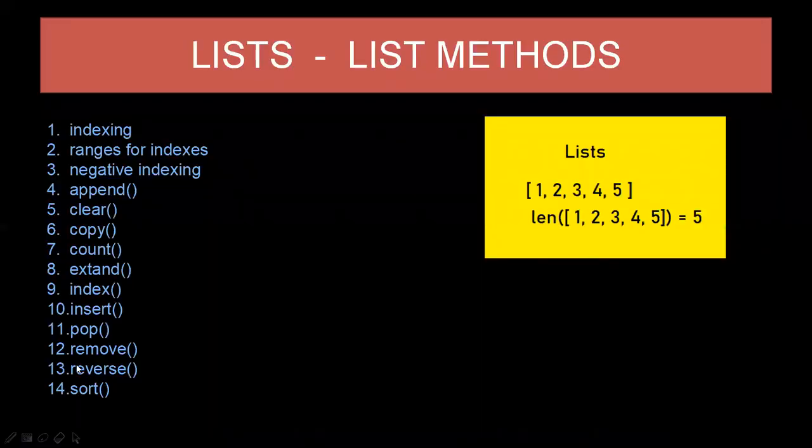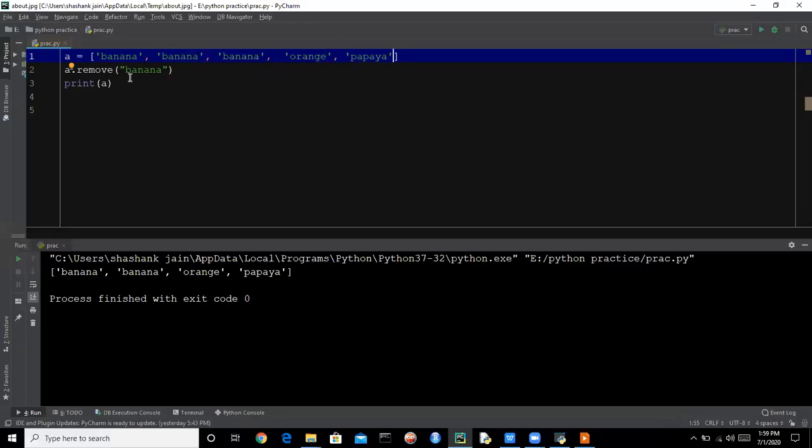So the next is reverse. What if you want to reverse a list? We have already seen that if we want to reverse a string, we just use colon colon minus 1.